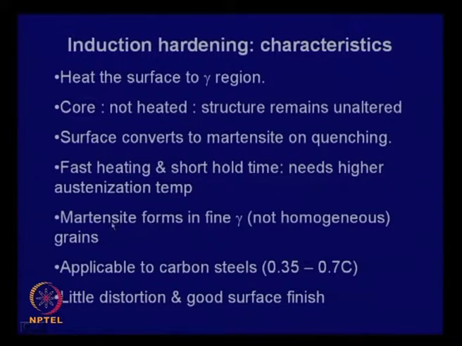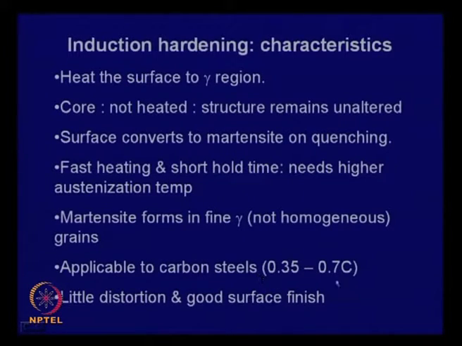So, the martensite that forms will be forming in non-homogeneous austenite. Because of all these combinations, it may often have higher than expected hardness, higher than the hardness that you normally would have got in a steel having the same carbon content. And this treatment can be given to plain carbon steels also.